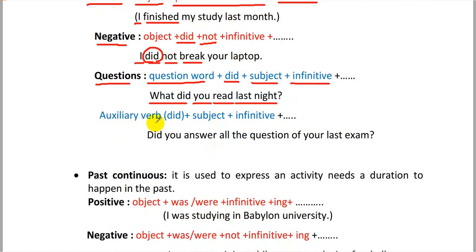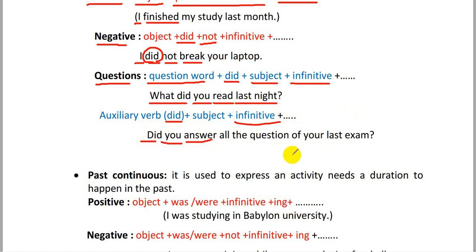For the auxiliary verb, we have to use did, only did, for singular and for plural. Did plus subject plus infinitive form plus the completion of the sentence. For example, did you answer all questions of your last exam? This is for the past simple.